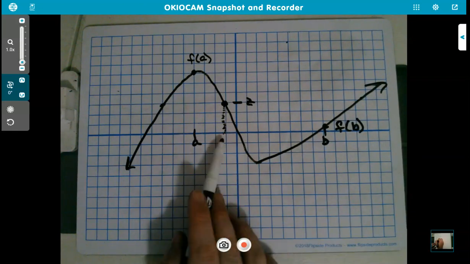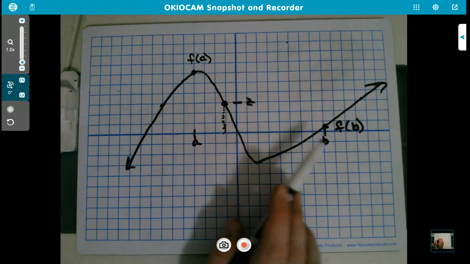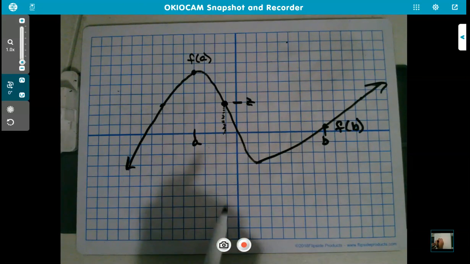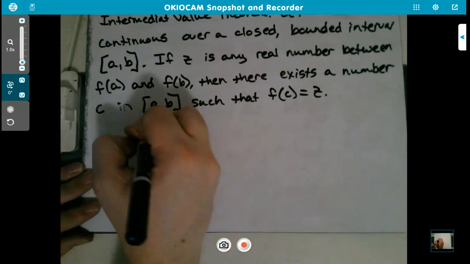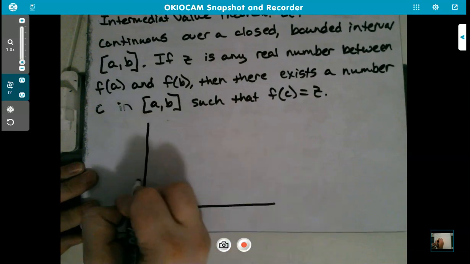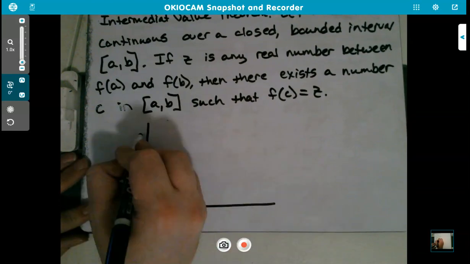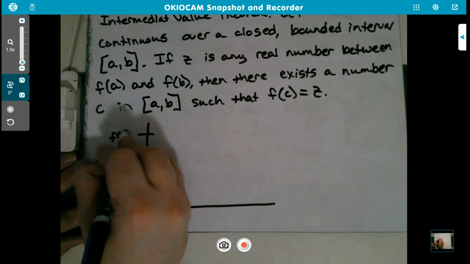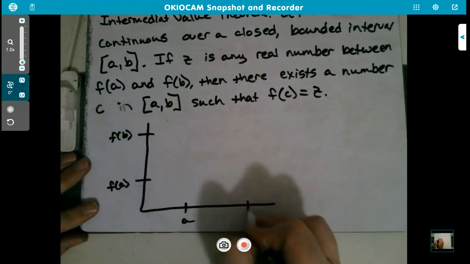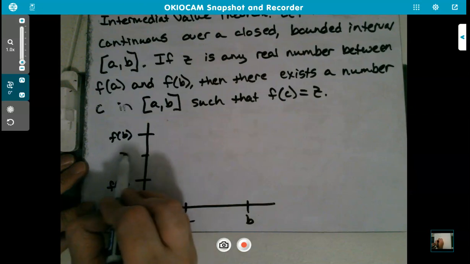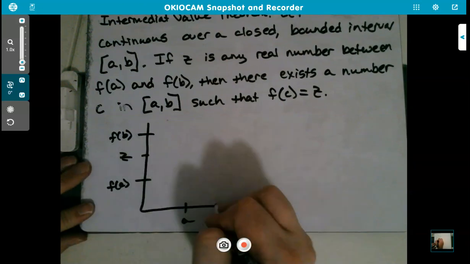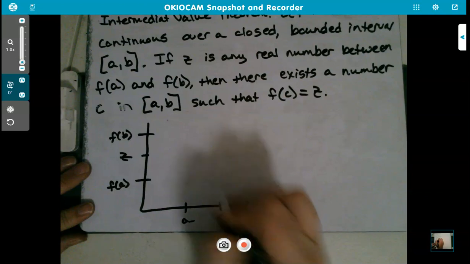There has to be at least one between A and B. One more time, if the value of y is between f of A and f of B, so f of A is here, f of B is right here, A is here and B is here, then if there's a z between them, the corresponding x has to be between A and B.